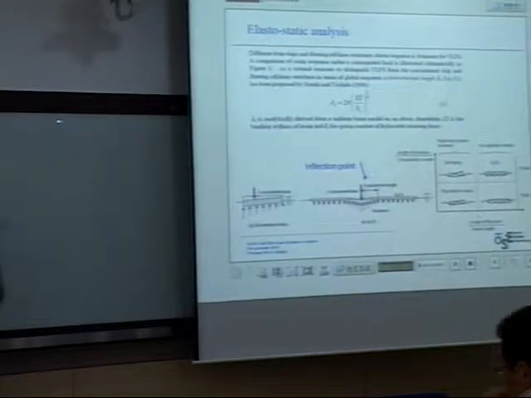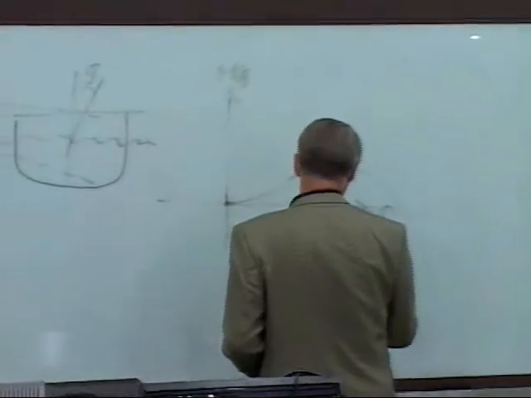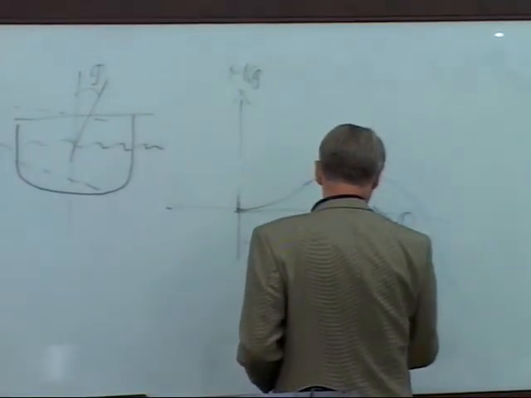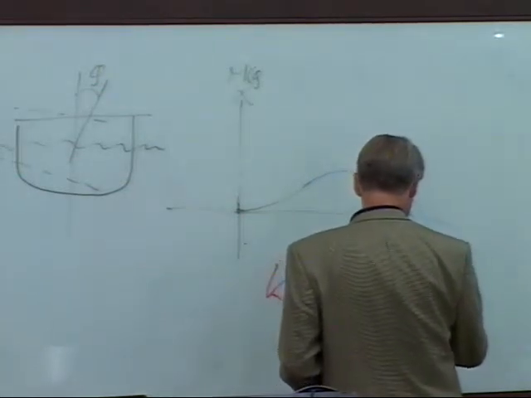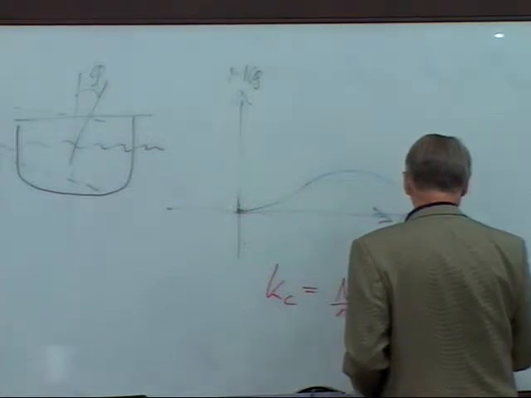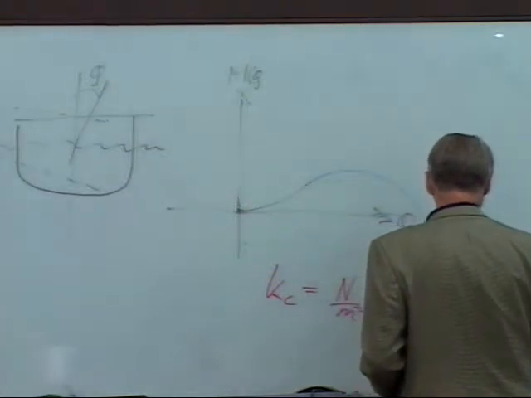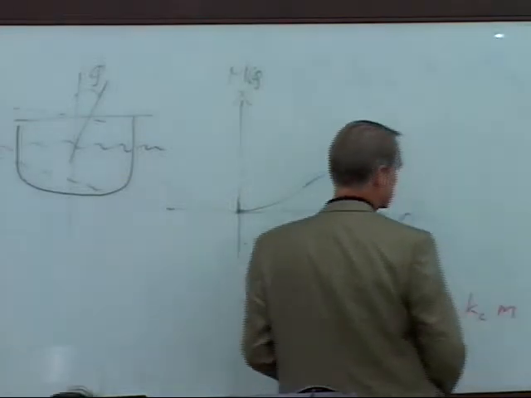Kc is the force, Newton per meter square, and that is simply the spring constant. The force in Newton per meter is Kc times meter.